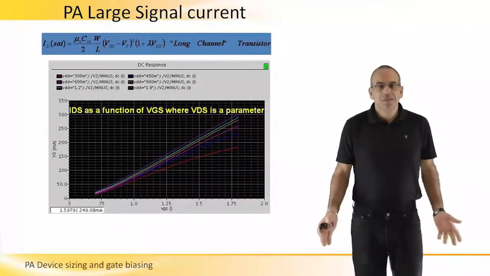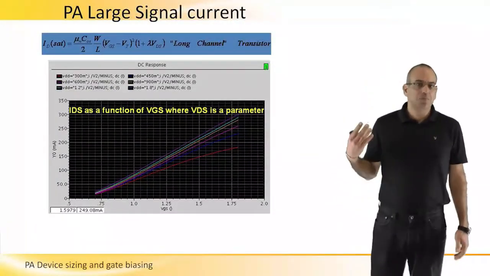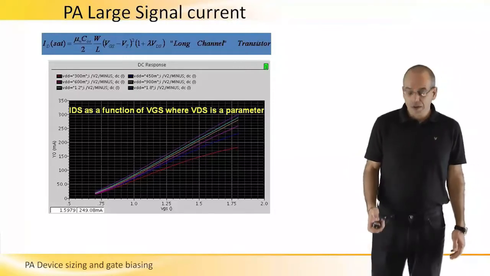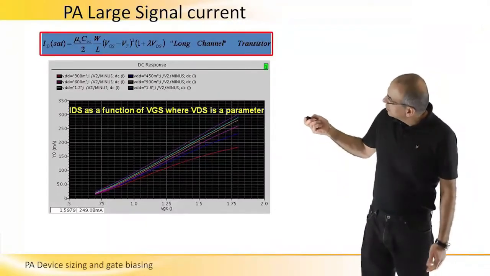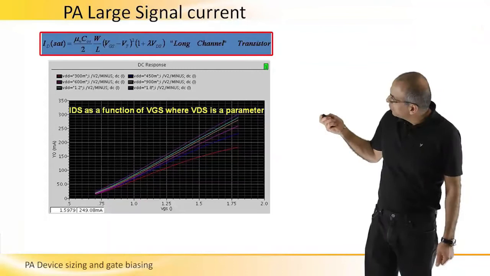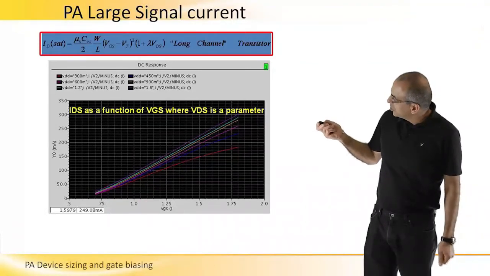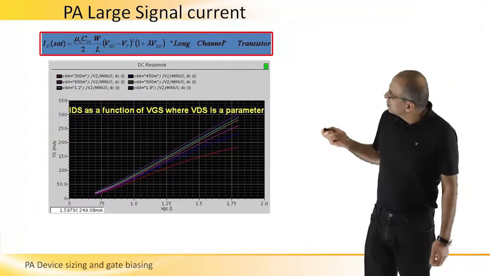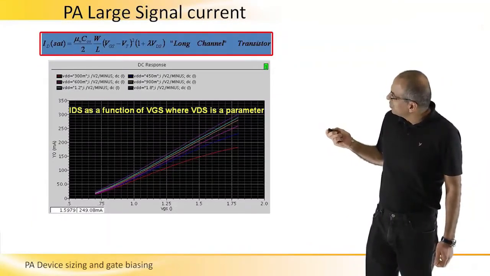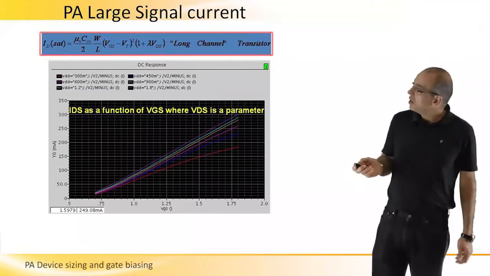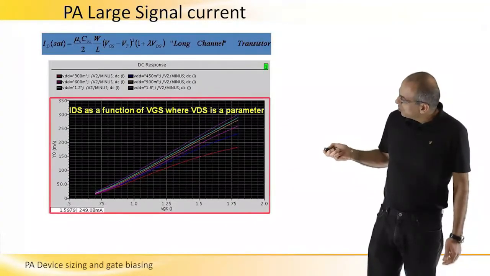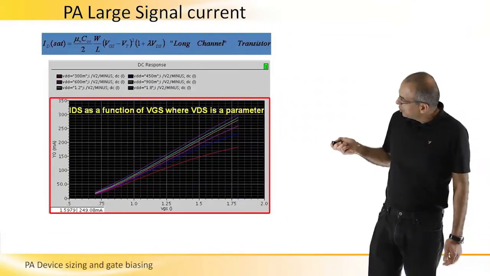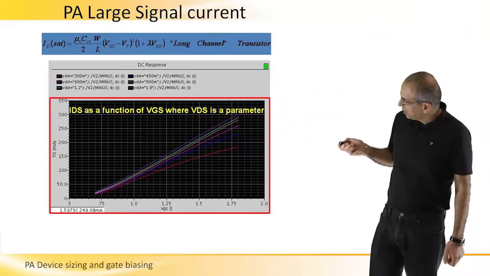Just as a reminder from previous sessions of the seminar, we have the simplified expression for long channel transistors for I drain, which is somewhat dependent on VDS, but mainly dependent on VGS. If we look at the graph, this is VGS, now it's ID versus VGS. In the previous slide we saw ID versus VDS.